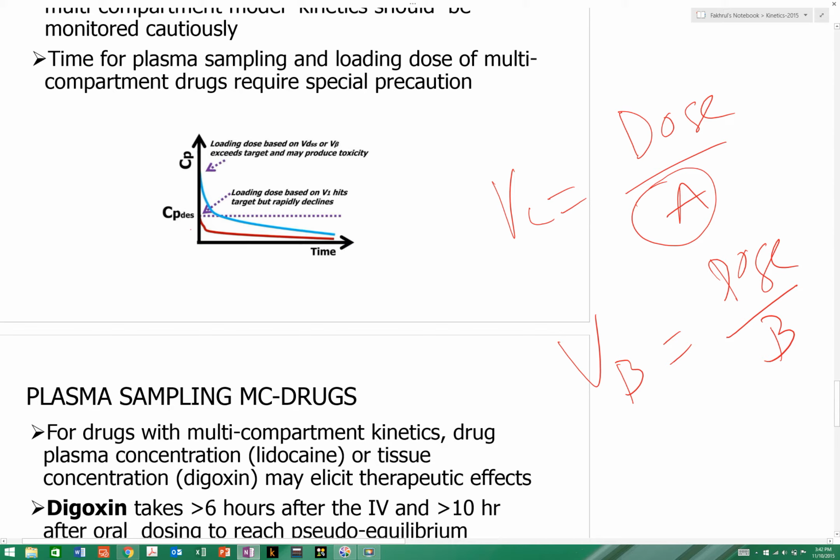So here you see this loading dose barely hits the target therapeutic concentration. In case we use the loading dose based on this, the loading dose will exceed the therapeutic target a little bit.